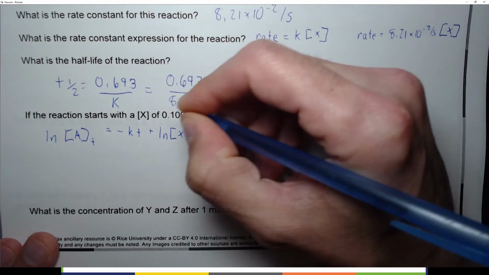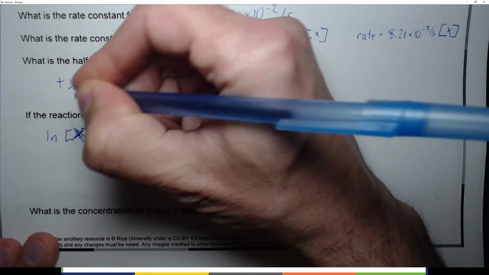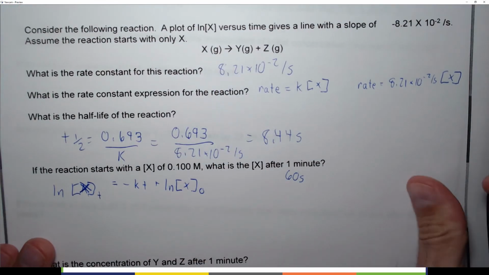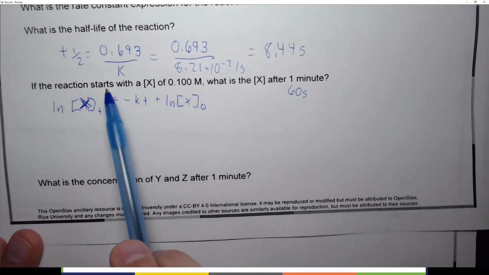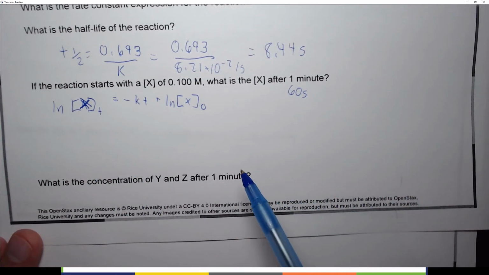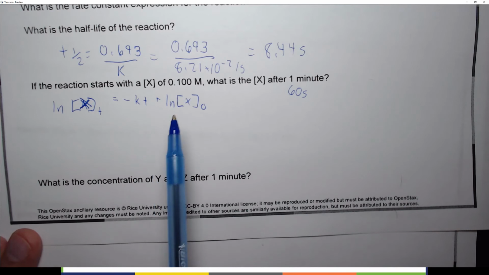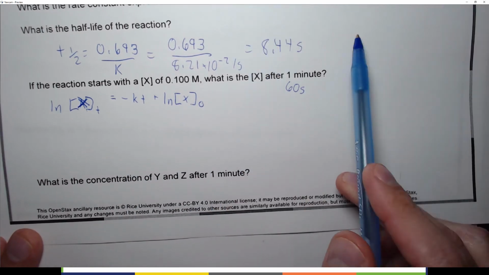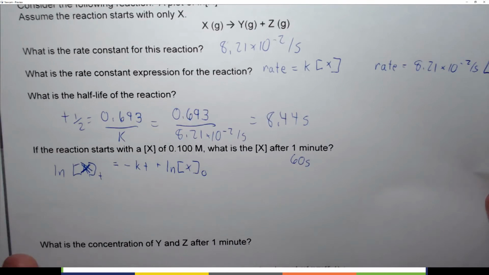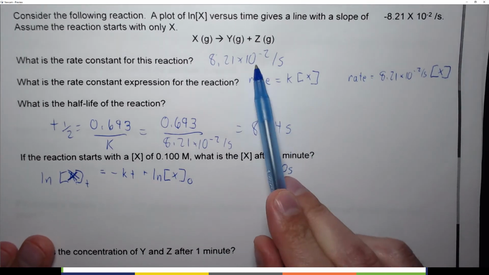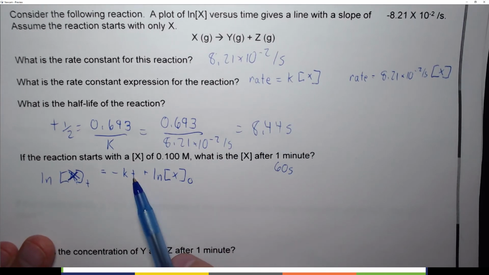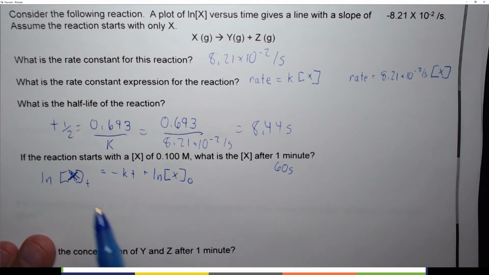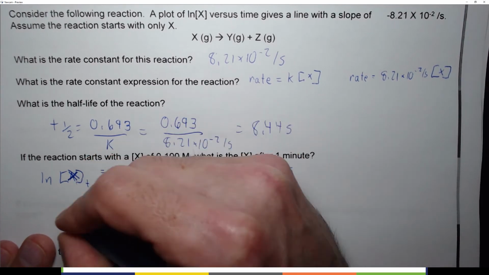I guess it should be of X, because we're talking about a specific reaction, not the A reaction. We're talking about X. So this is our integrated rate law. We know the initial concentration, we know k, and we know t, 60 seconds. What we don't know is the concentration at time t. So let's plug in what we know.